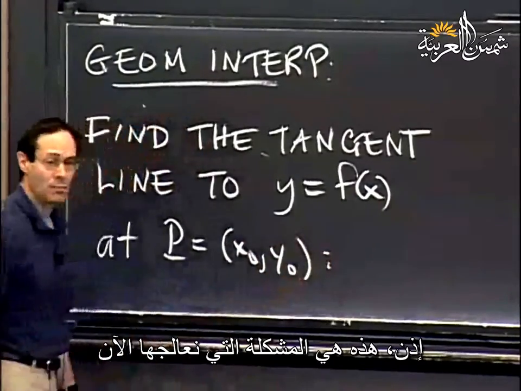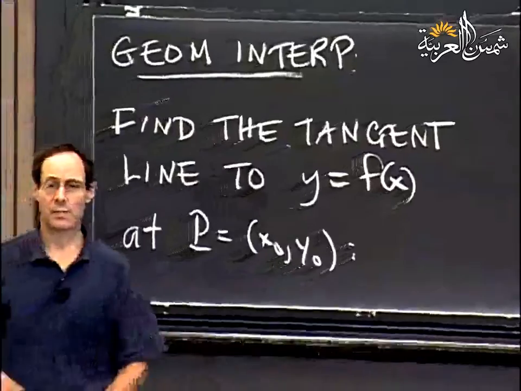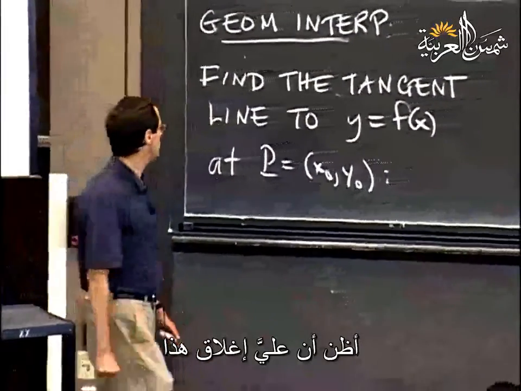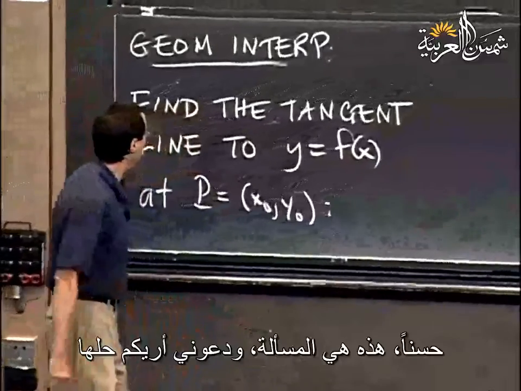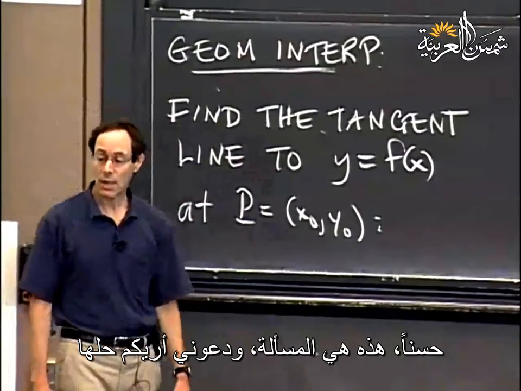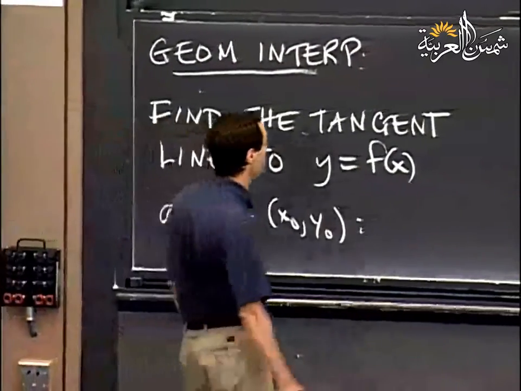So that's the problem that we're addressing here. I guess I should probably turn this off. All right. So here's our problem, and now let me show you the solution.